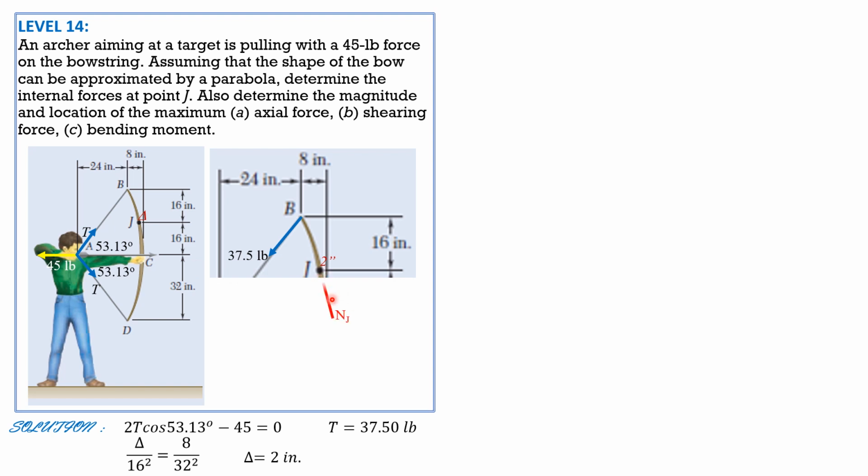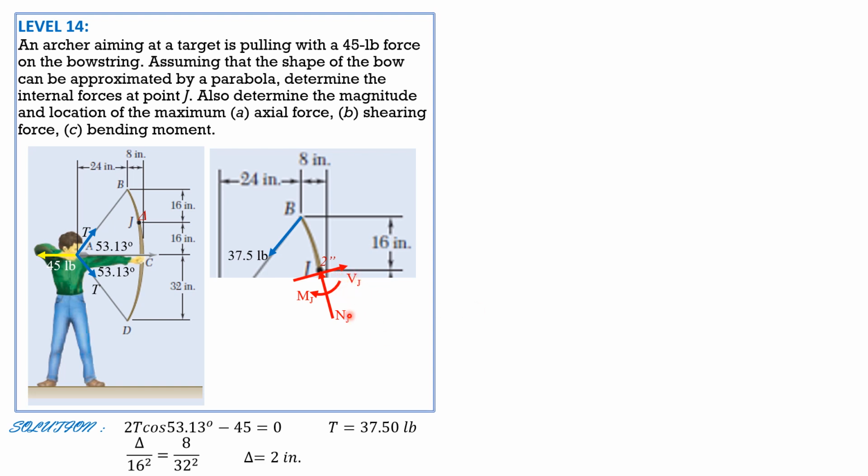So that's 2 inches. Then for the internal forces, let's have Nj in compression to oppose the vertical component of 37.5, Vj up to the right, and moment with a clockwise assumption. From the equations of statics, summation of forces x equals 0 and y equals 0, we can solve Nj and Vj.